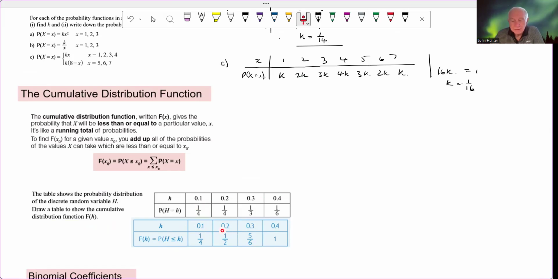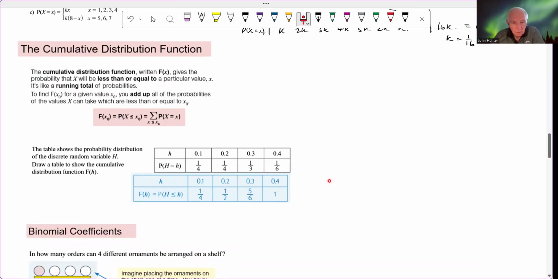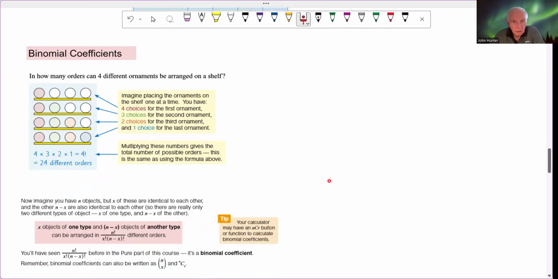For anything less than or equal to 0.2, it's the sum of these two. Up to and including 0.3 is these. And finally, the whole lot is going to be probability 1. Right, that is our cumulative distribution function.